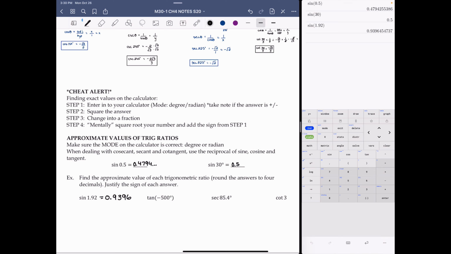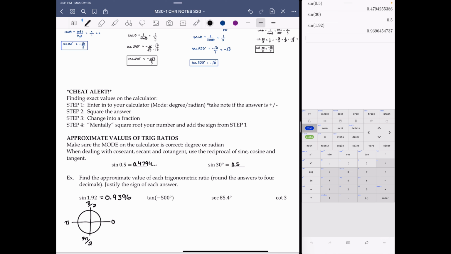And then justify the sign of each answer. Well, which quadrant is this in? We know that this is 0, pi over 2, pi, and 3 pi over 2. Pi radians, pi is 3.14, and our number is 1.92, so it's not that big.